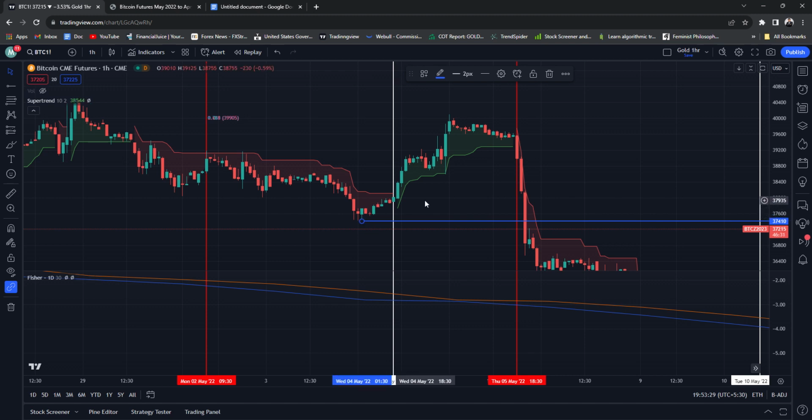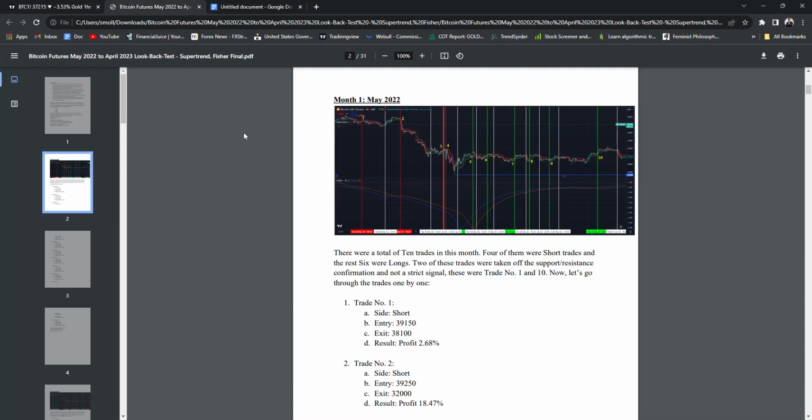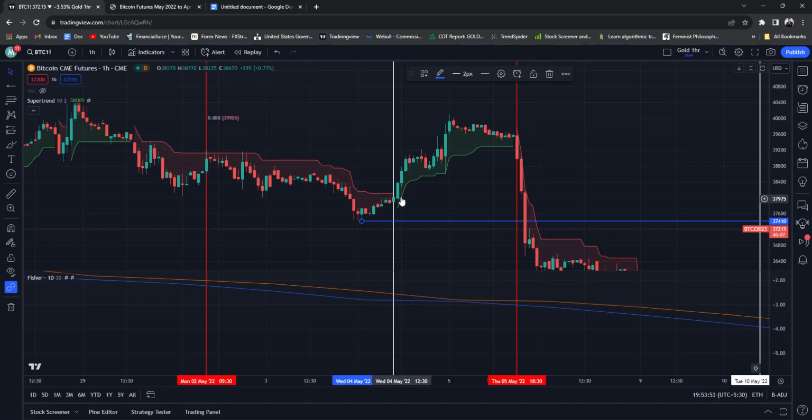So we could have exited like 500, 600, 700 dollars down, which is 2% more profit. But because we chose this exit, we lost that money, but we still made a good 2.68% on that trade.